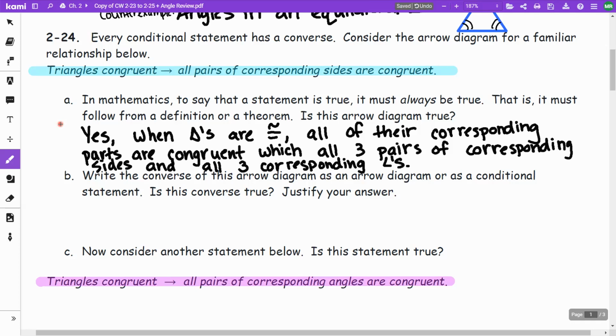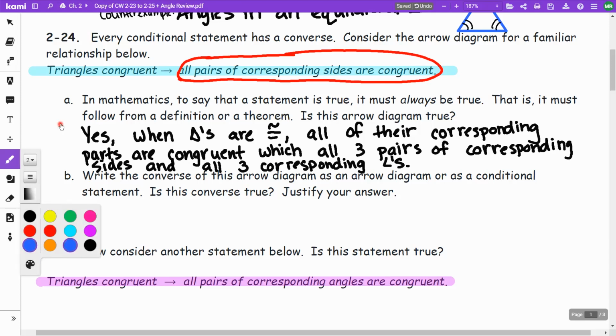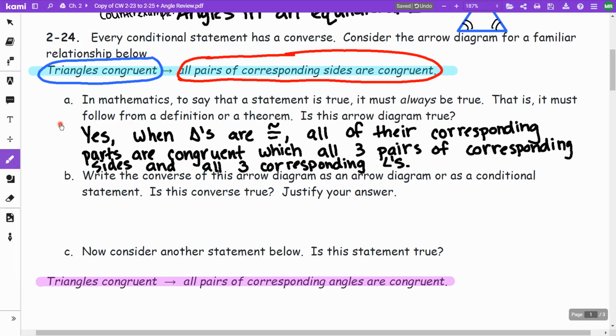Now it says write the converse of this arrow diagram as an arrow diagram or as a conditional statement. Okay, so this time what we're going to do is we are going to start with this part in front of my if, and then this part is going to be in my then.